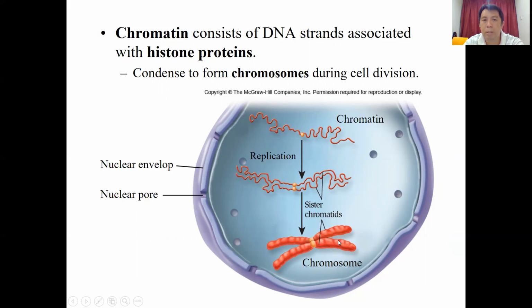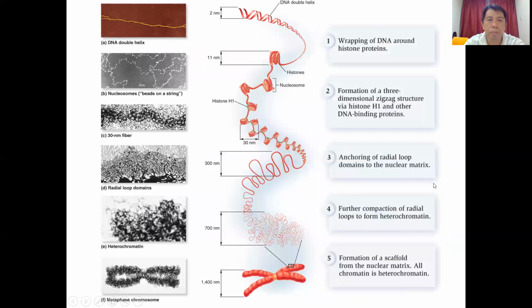This is what you learned during Form 4 and Form 5. This is the structure of the chromosome. If we pull the DNA out of the chromosome, you can see the DNA coiled with the histone proteins. This is the double helix of the DNA, coiled with the histone proteins, and they further condense to form the chromosomes.